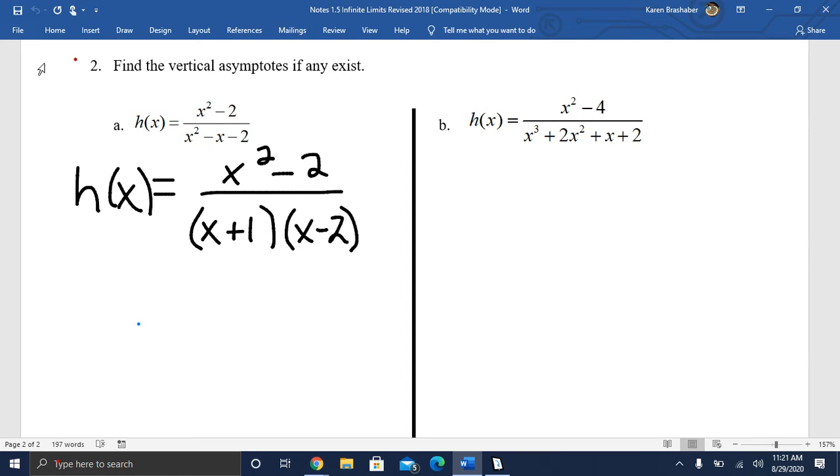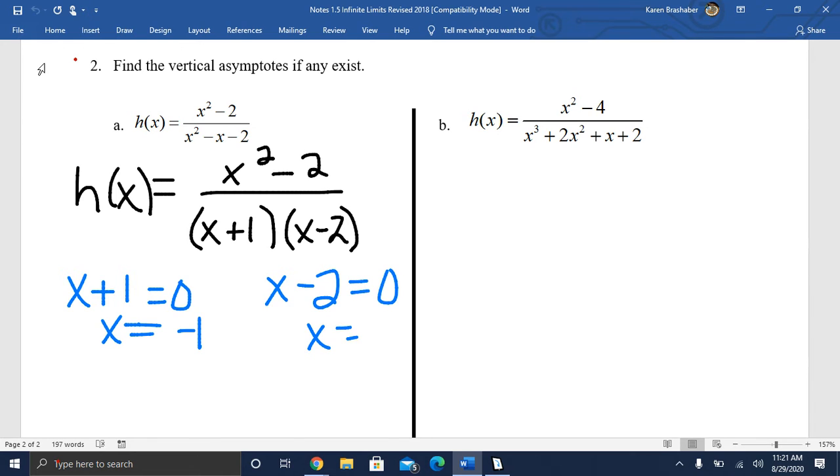So the first would be when x plus 1 equals 0, and that would be when x equals negative 1. And then the second would be where x minus 2 equals 0, and that would be when x equals 2.